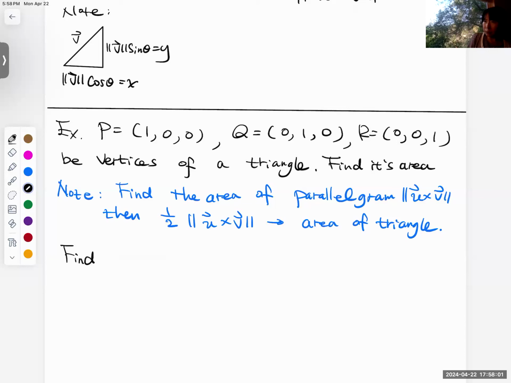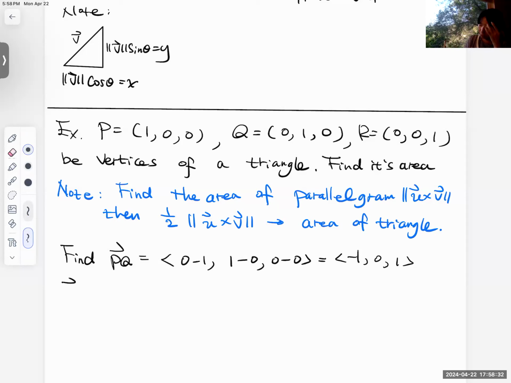Find the vector PQ. Okay, so we can find the vectors. So 0 minus 1, 1 minus 0, 0 minus 0, right? Then we get -1, 1, 0.